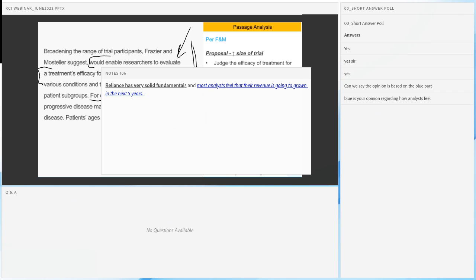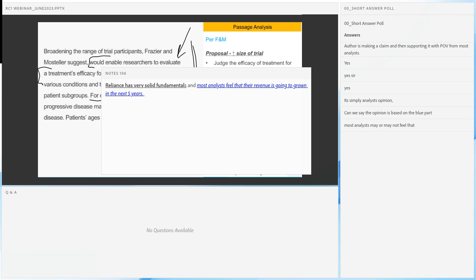The fact that Reliance has very solid fundamentals is probably a factor in the fact that the revenue is going to grow. The fact that the revenue is going to grow is not causing the solid fundamentals, right? Blue is not causing black. Black may cause blue.